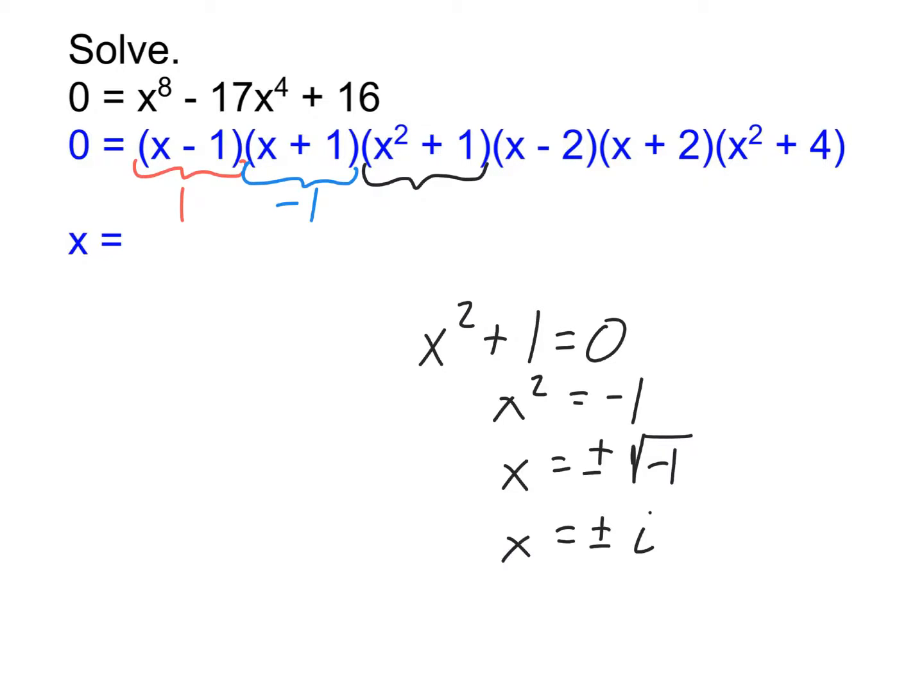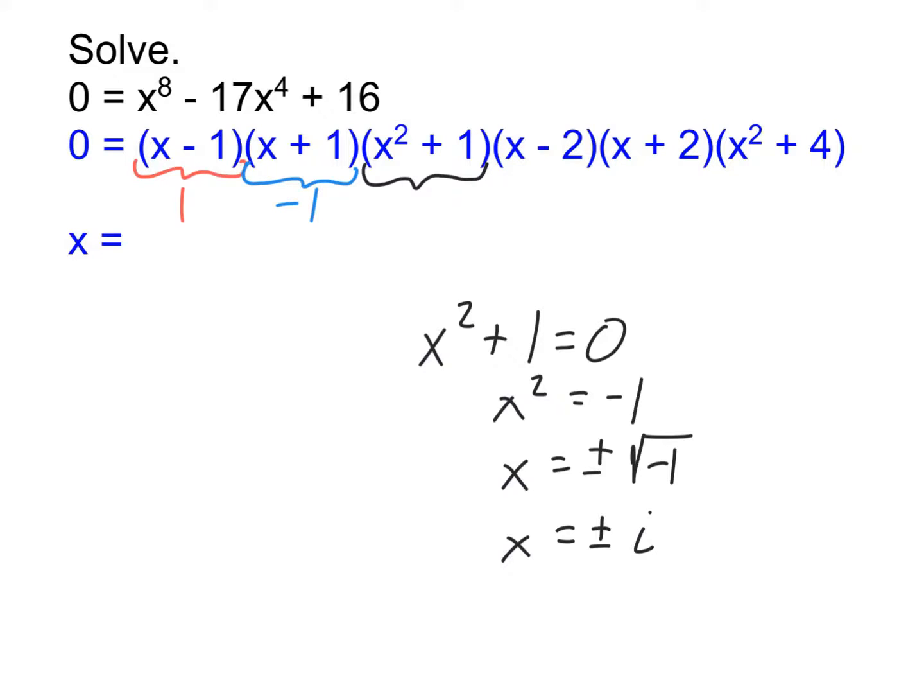This problem did not say anything about imaginary numbers. It did not say give real and imaginary solutions. It just said solve. Unless it specifies to include imaginary solutions, just give the real solutions. So, because that was not factorable, because it gave us an imaginary number, we will get no solutions coming from that particular set of parentheses.